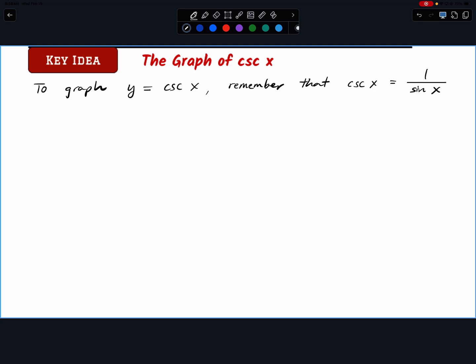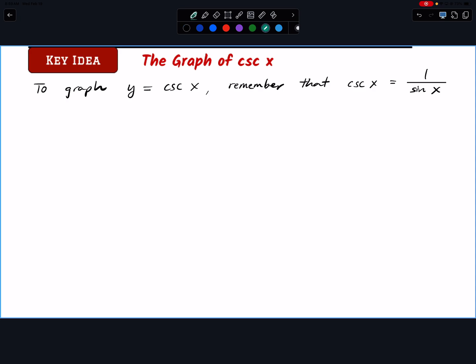So we've talked about this already today. What other graph has sine on the bottom? Cotangent, right? Cotangent is cosine over sine. So that means that cotangent had asymptotes everywhere sine of x is 0. So guess what? This graph will also have asymptotes.